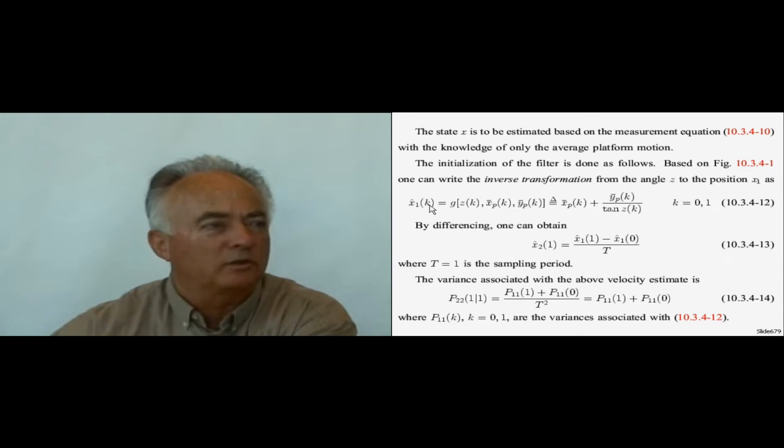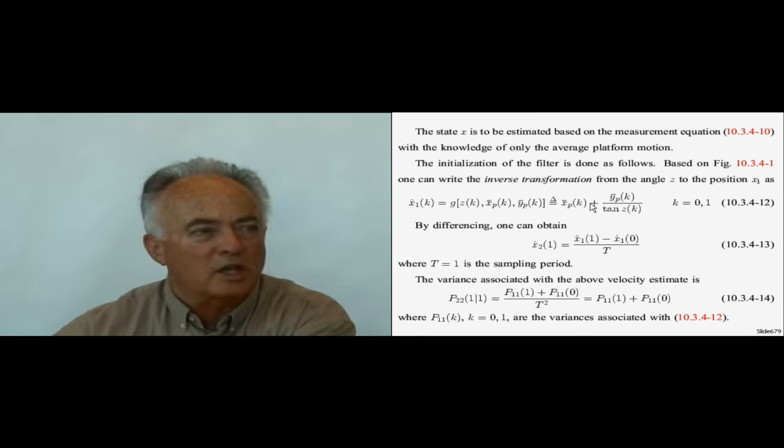This would work at time 0 and time 1 to initialize it, is a function g that depends on the observation z, on xp bar and yp bar, and is given by xp bar of k plus yp bar over tangent of the measured angle. So what this does is transform the angle measurement into the location of the object.